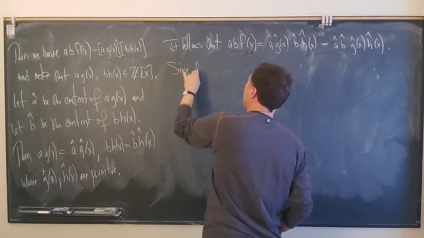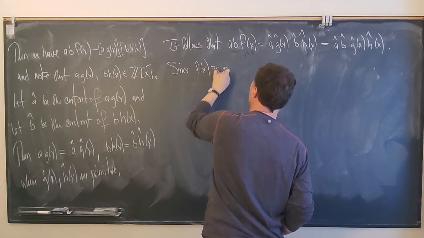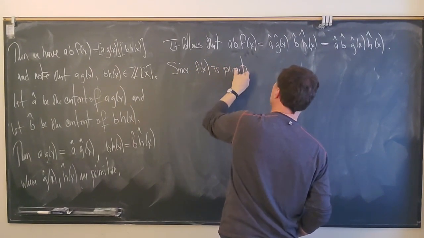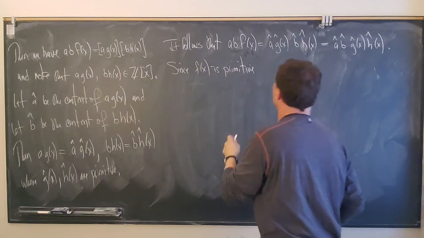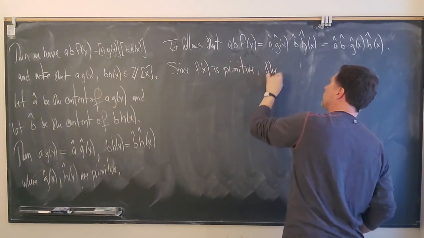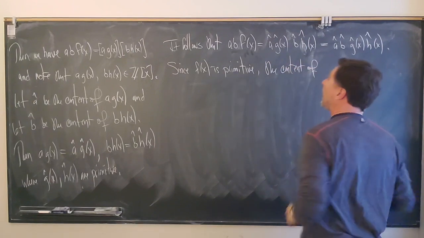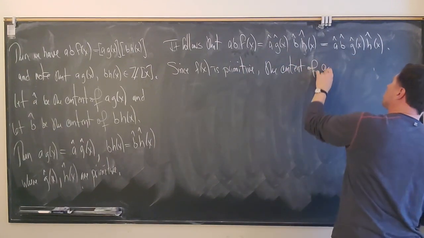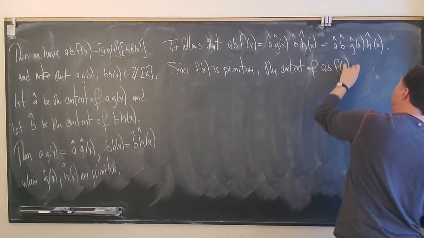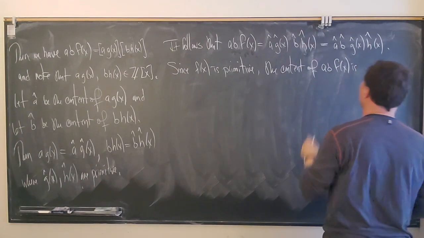So since f of x is primitive, the content of a b f of x is a b.